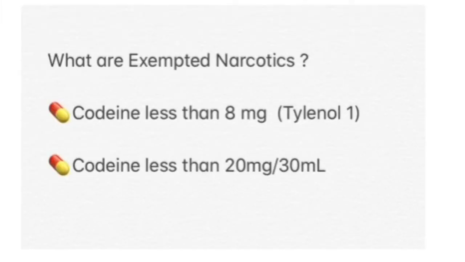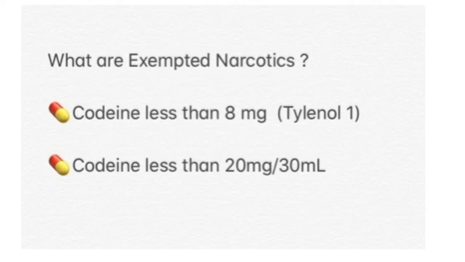Okay, now what are exempted narcotics? Exempted narcotics are simply narcotics containing less than 8 mg of codeine. This is the standard amount, and less than 8 mg makes the preparation an exempted narcotic.